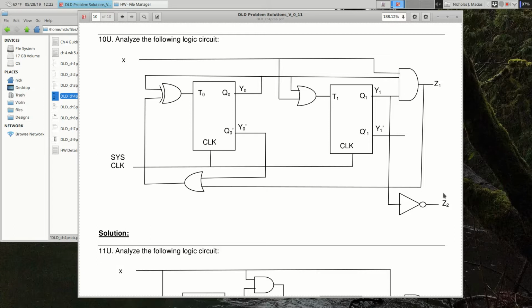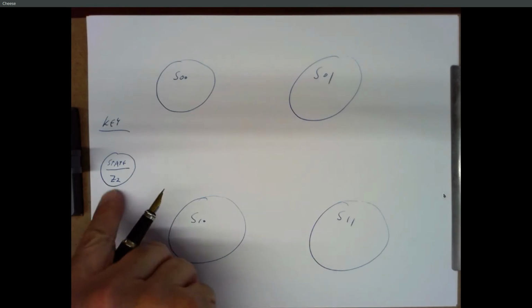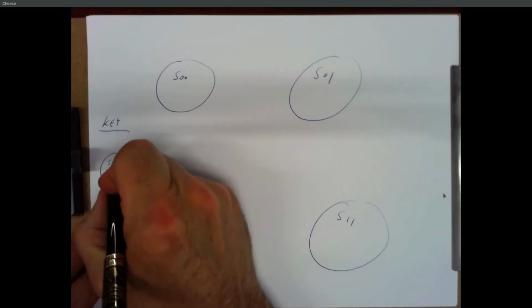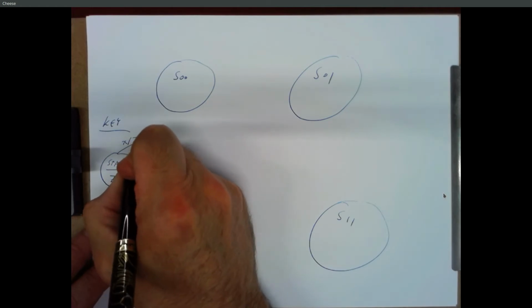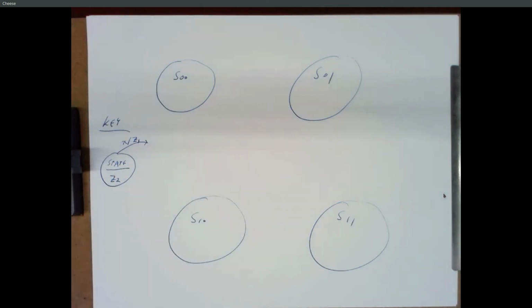So this helps us draw our key. So here's our state. And Z2 is a Moore output, so we can list it as part of the state. So state Z2. And then a transition arrow, the input is X, and the Mealy output is Z1. So that's what these things should look like when we finish drawing them.